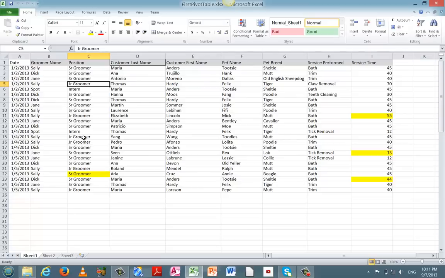And what typically happens when we input data like this over and over again, store it redundantly, is that we won't always enter it in the same way as it was previously. And then at that point, we don't really know whether she's a junior groomer or a senior groomer.